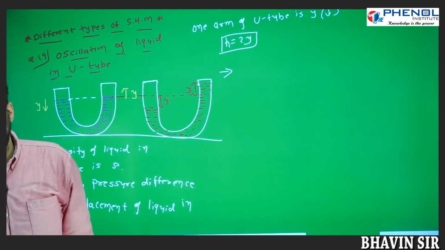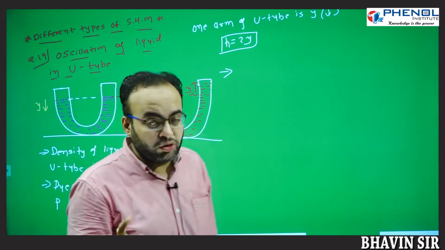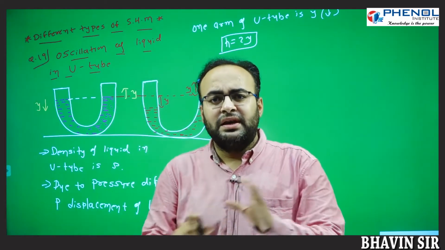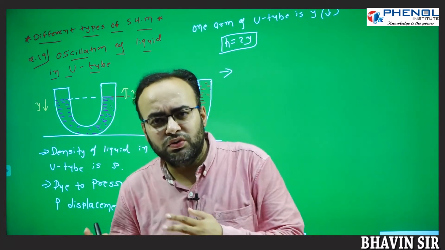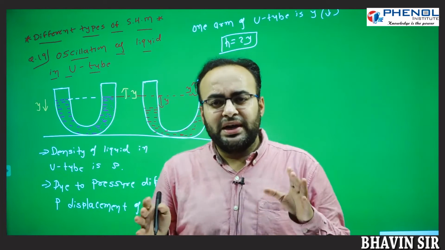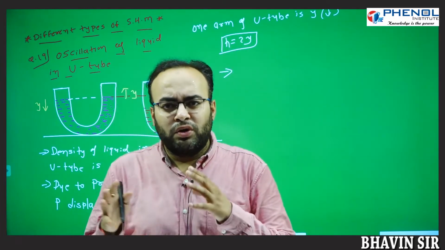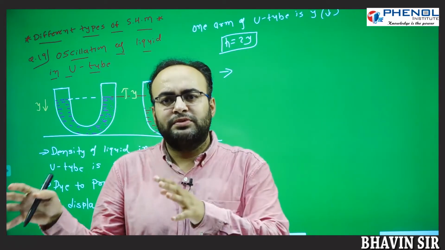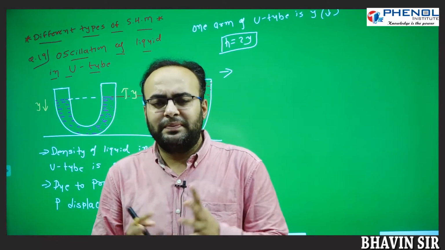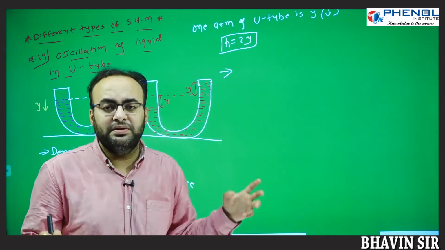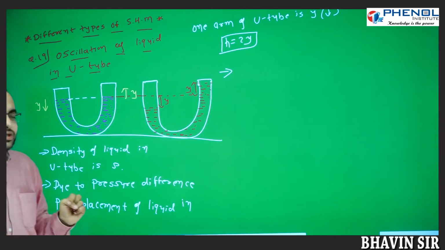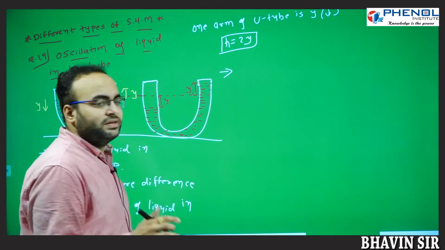Now see, here we want to prove this motion is SHM. If this motion is SHM, then force is directly proportional to displacement. That we want to prove. Here we apply the pressure difference. What is the pressure difference, students?